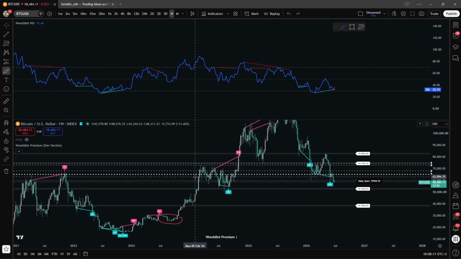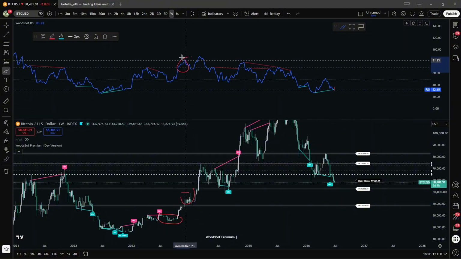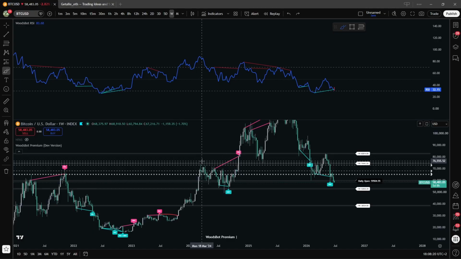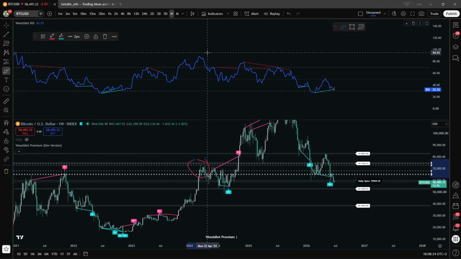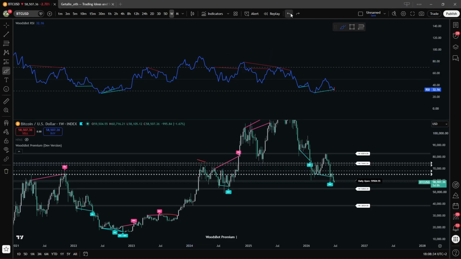Price action is making a high right here, and the RSI indicator does the same thing. The same thing here. Price action is making another higher high, and the RSI indicator is also making another higher high. So you can see how RSI follows the price action of any coin.